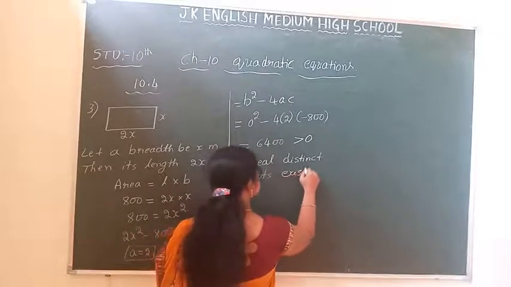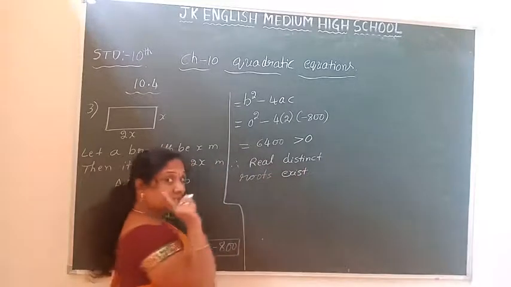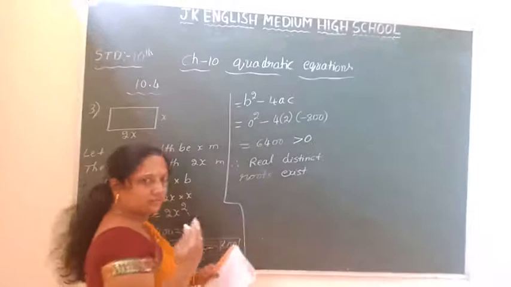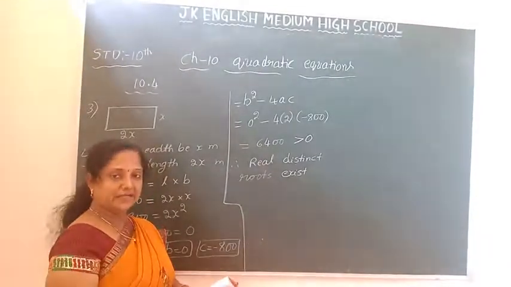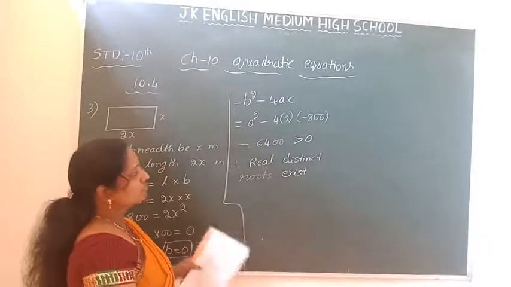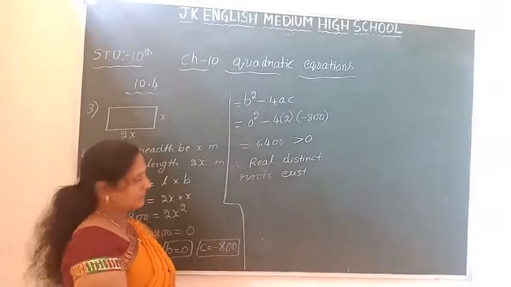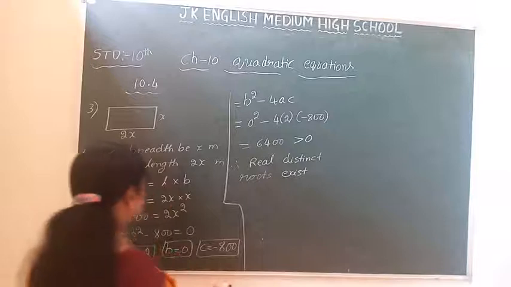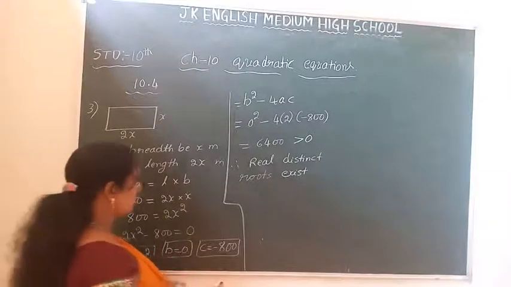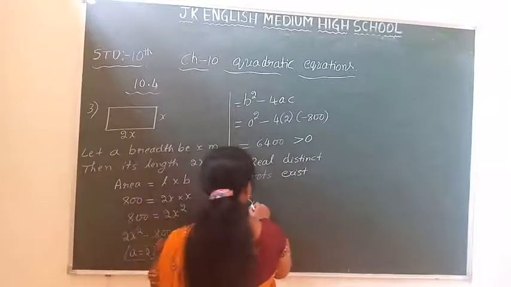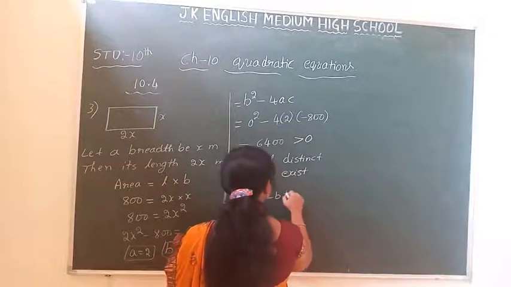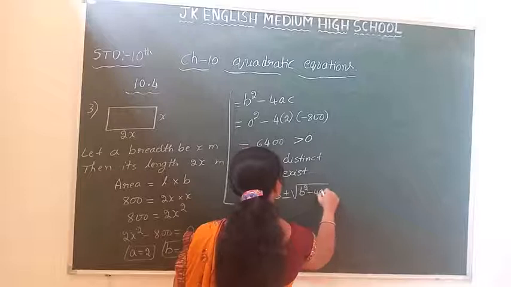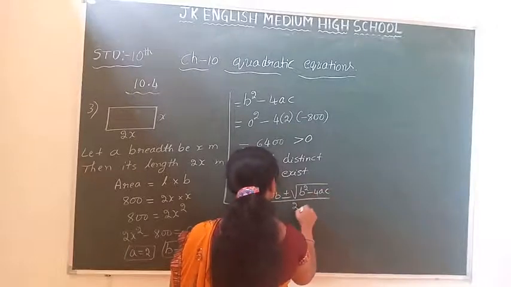Real roots exist means yes, it is possible to design a rectangular field. So if roots exist, I will find the roots. I can use the splitting method or the formula method. Children, x is equal to minus b plus or minus square root of b square minus 4ac, divided by 2a.